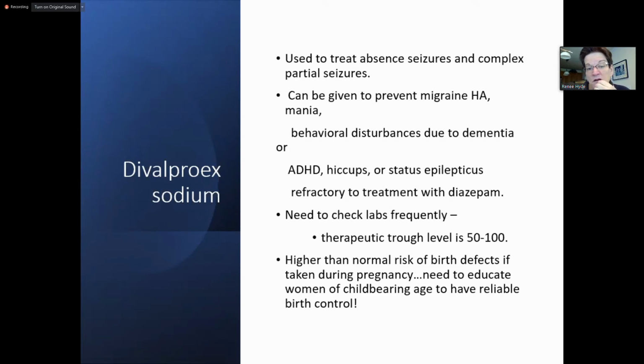Hiccups. Therapeutic level is 50 to 100. Again, this is one that can cause birth defects, and so we need to make sure we educate women of childbearing age to use very reliable birth control methods.